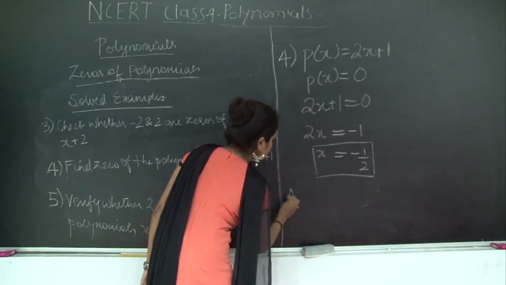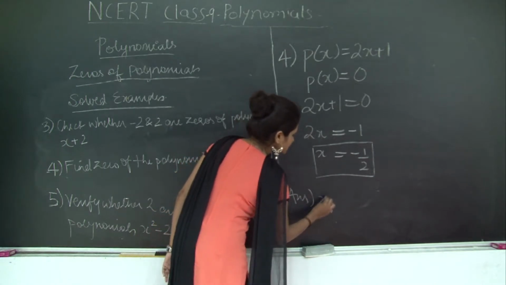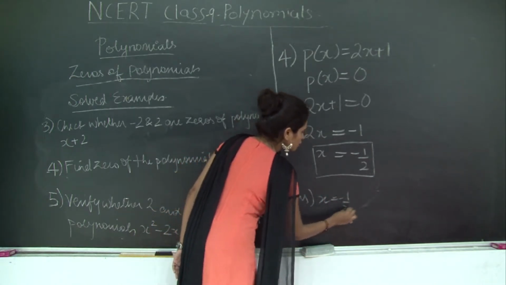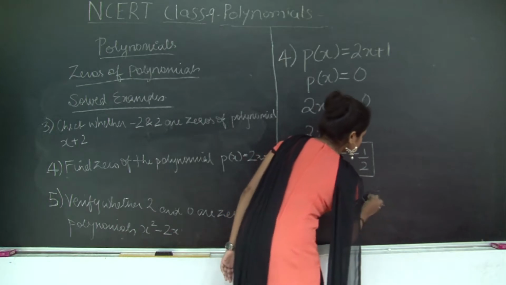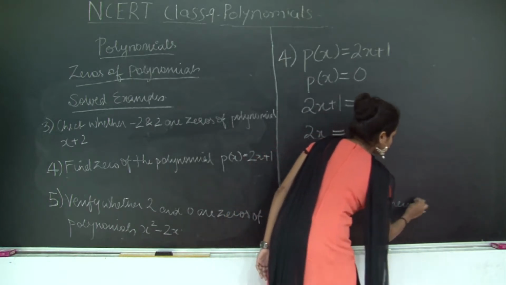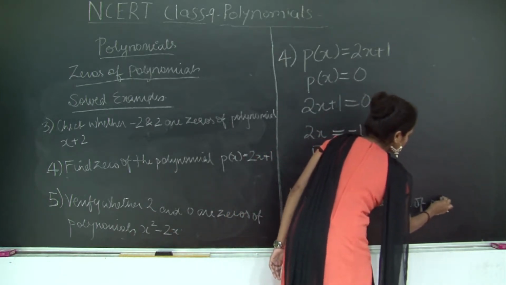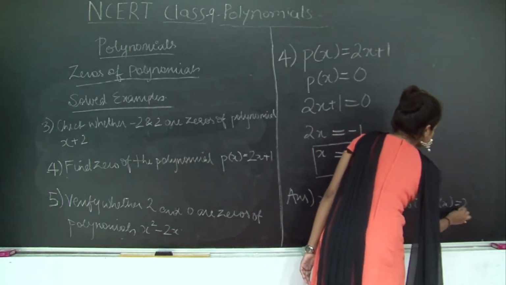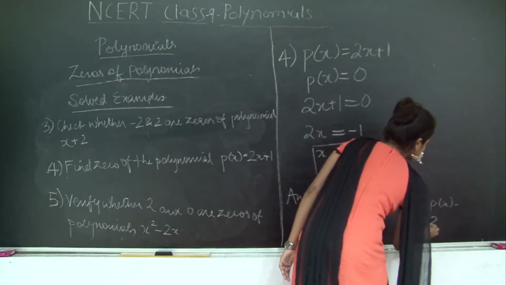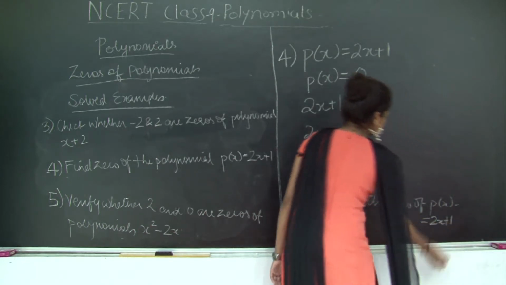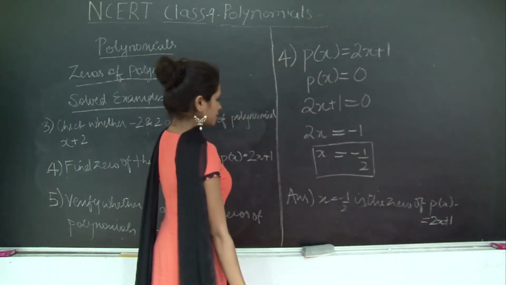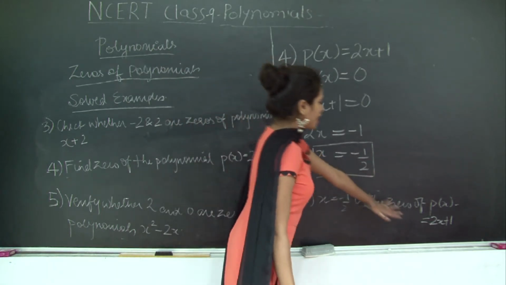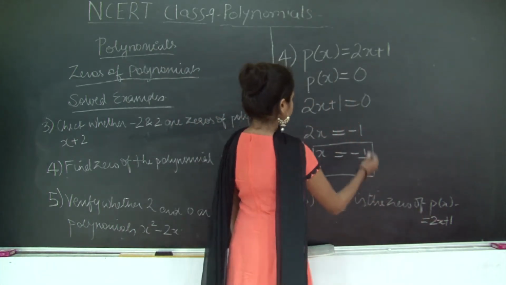So, answer: x is equal to minus 1 upon 2 is the zero of polynomial p(x) is equal to 2x plus 1. You can check this by substituting the value of minus half in 2x plus 1.